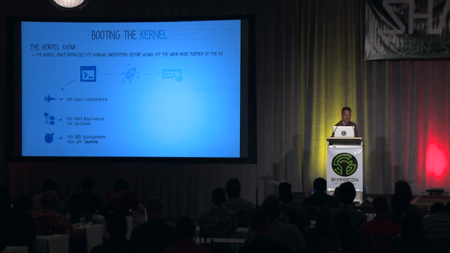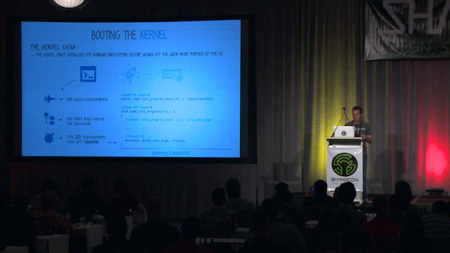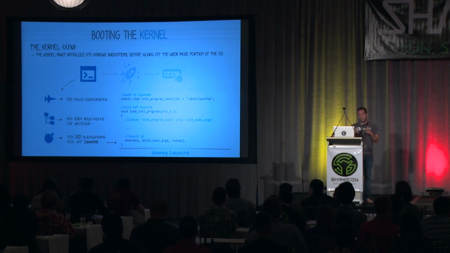First is the Mach subsystem, which is initialized. Following this, IOKit loads all kernel extensions that are device-specific. And then finally, the BSD subsystem is initialized. Most notably, the BSD subsystem then executes the first user mode process, which is launchd.